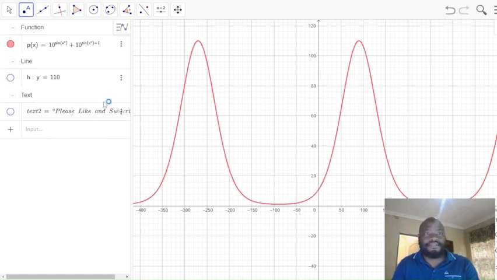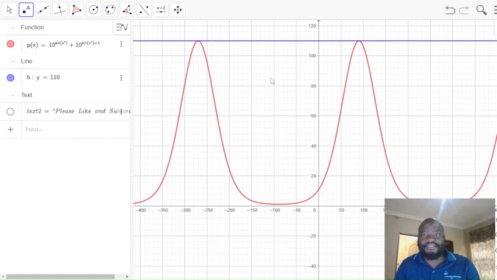So this is the function of 10 to the sine x plus 10 to the sine x plus 1. Then the straight line y equals 110 gives us this. And as you can see, it passes through 110 here, which is halfway between 100 and 120.